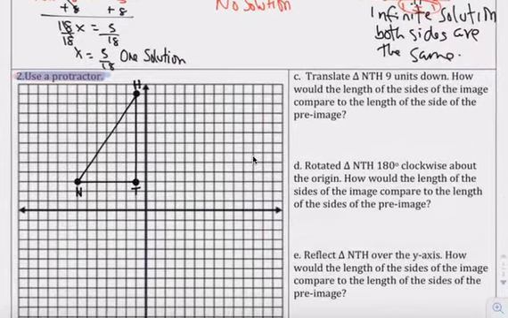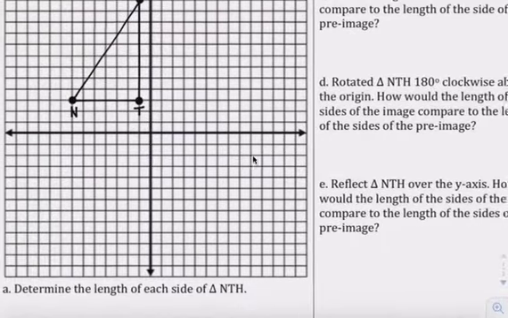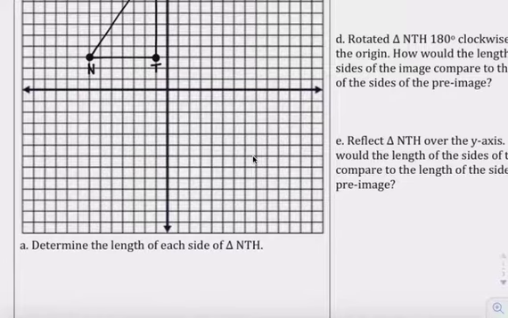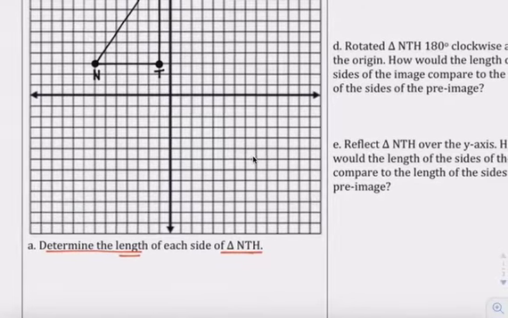You put this on pause while I go and explain the rest. Determine the length of each side, so find the length of each side of triangle NTH. Use your protractor.